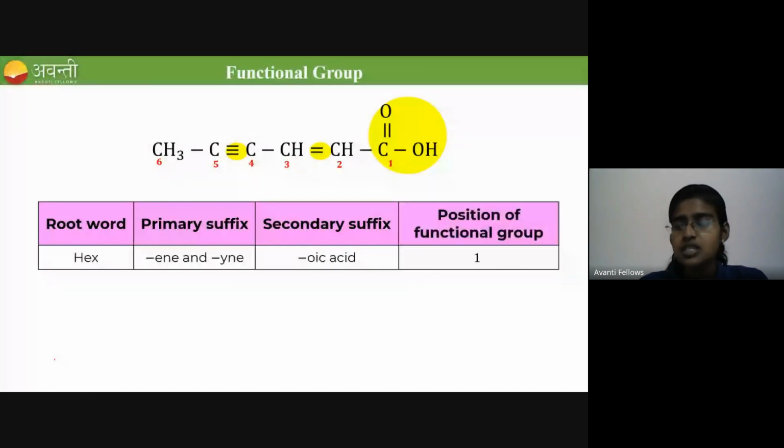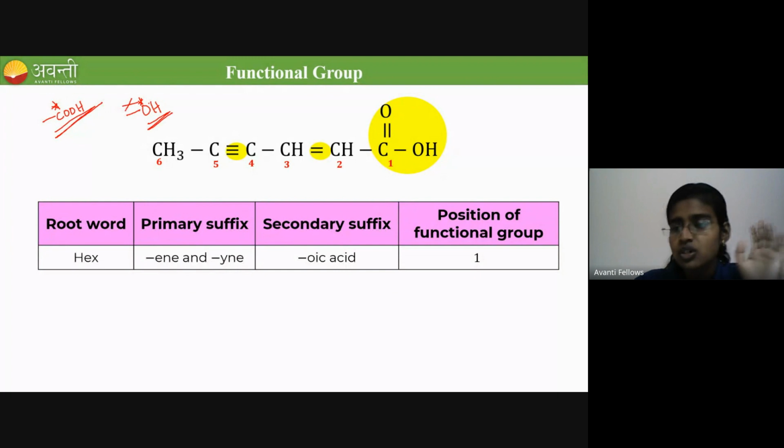And what is the position of the functional group? It is 1. Now, one more thing you have to know. If the functional group contains carbon, then you have to number that carbon also, because the numbering is only for carbon, not for heteroatoms. In the last example, we had an OH group attached to a carbon, so we did not number this oxygen.